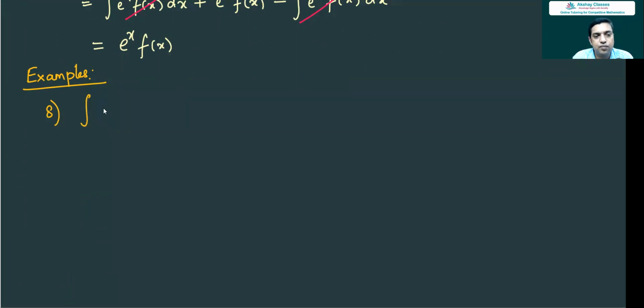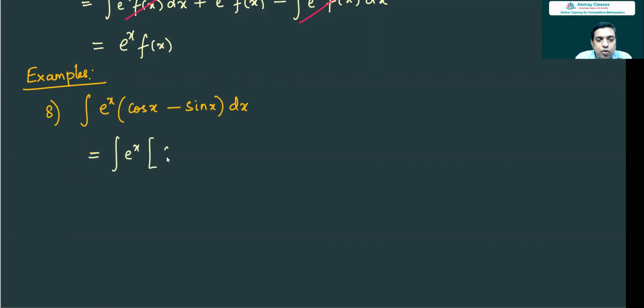Okay, integral of e power x into cos x minus sin x. What should be the answer? E power x cos x. Yes. So this is e power x into cos x, f of x, plus the derivative of cos x.